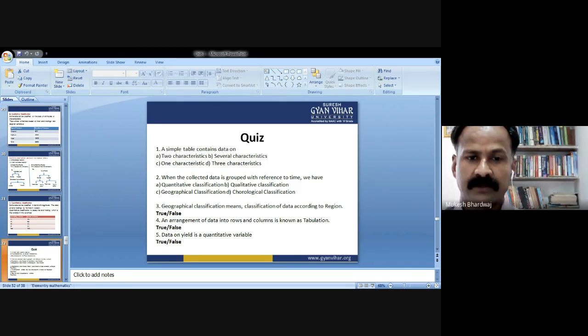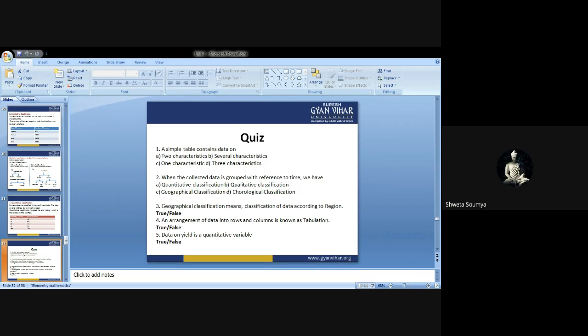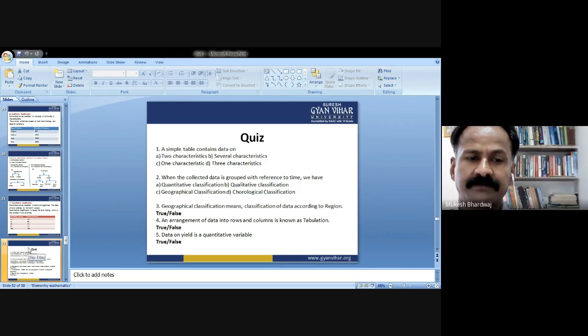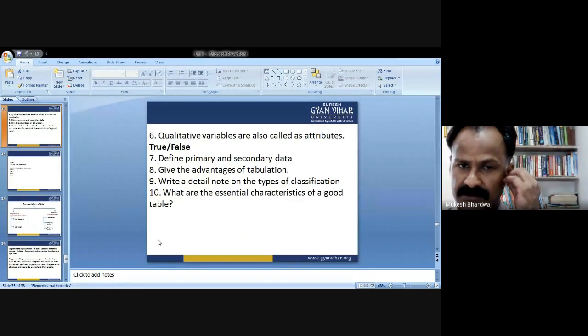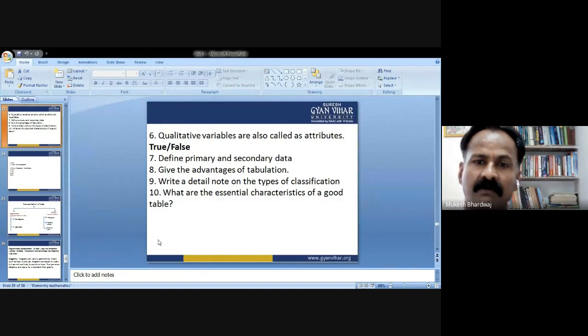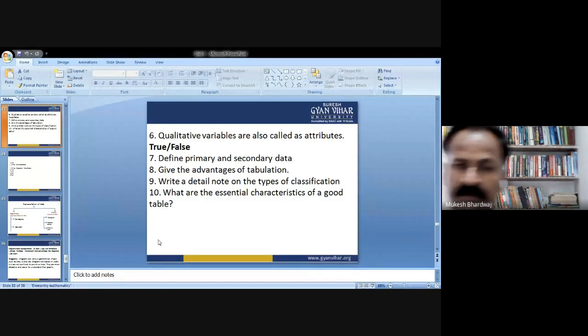Now, data on yield is a quantitative variable. It is true or false? Data on production is quantitative or qualitative? If I say data on yield is a quantitative variable, the statement is true or false? True. Right answer. Now the sixth question: qualitative variables are also called attributes.